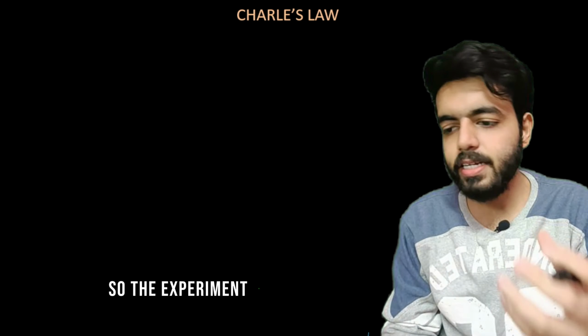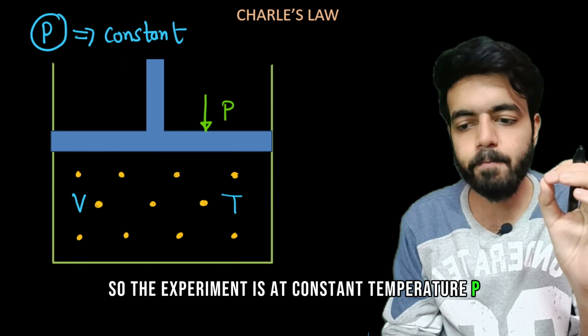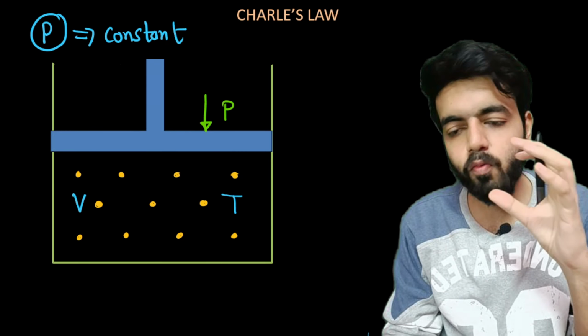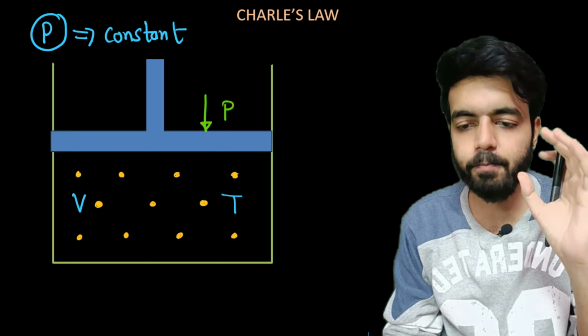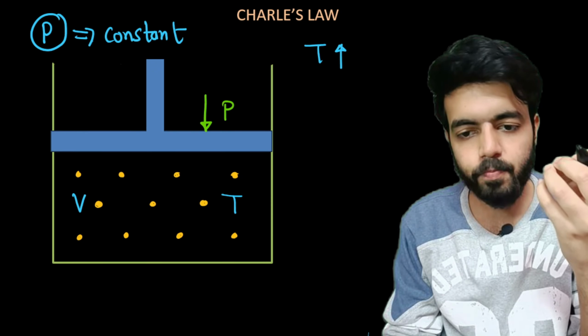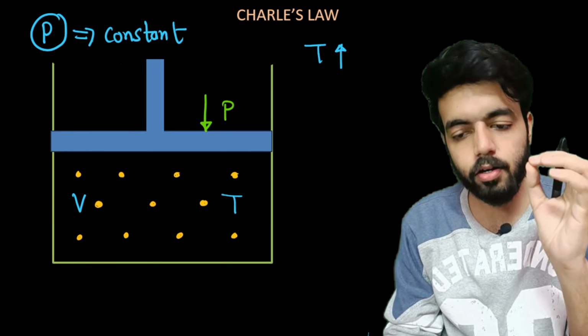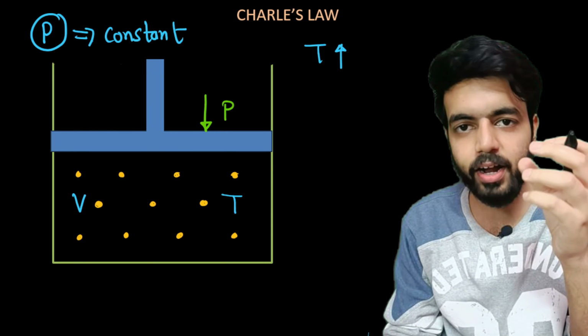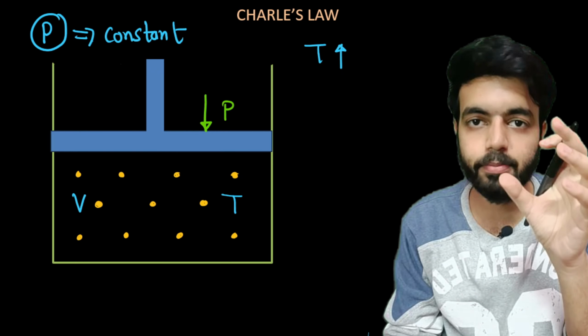So the experiment is at constant pressure P, let's take a container of gas with volume V and temperature T. If I increase the temperature, then what will happen is the molecules of gas will have more energy and thus they will try to increase the intermolecular gaps.